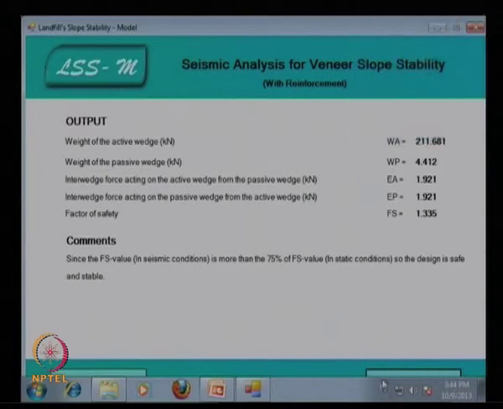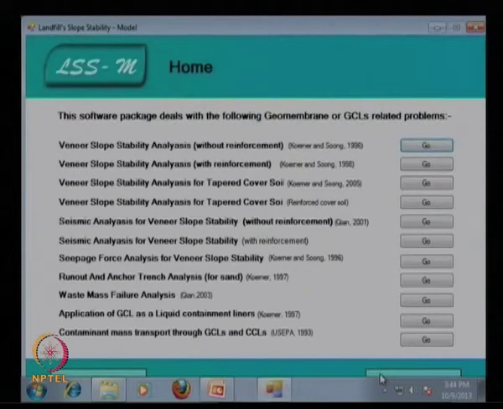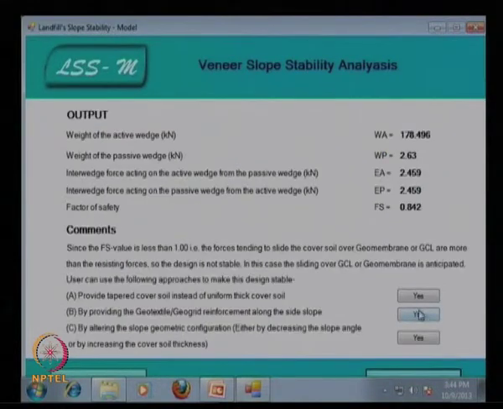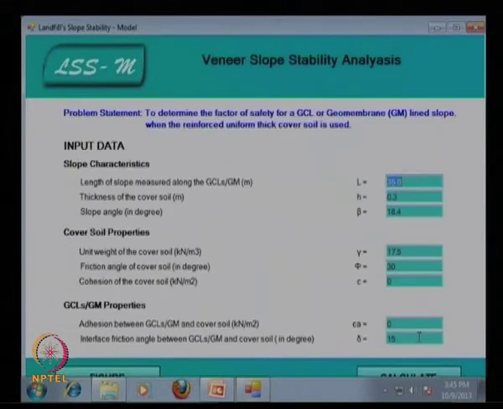So, we considered the seismic forces and also found how you can calculate this factor of safety due to the seismic force. Now, in the same way, by altering the slope geometry and configuration, either by decreasing or increasing the slope angle, you can also change this.